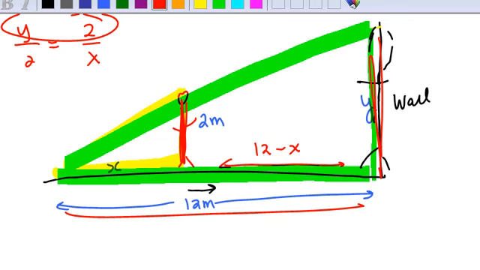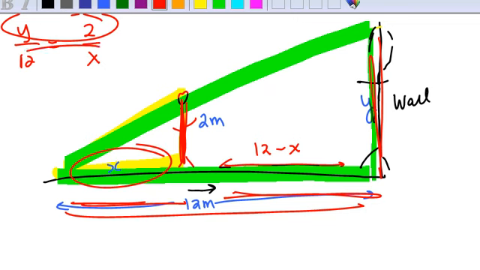Sorry, I got that one wrong with all my flipping back and forth. This should be 12. And y is to 12, 12 compared to x. So those two compare. Sorry about that.